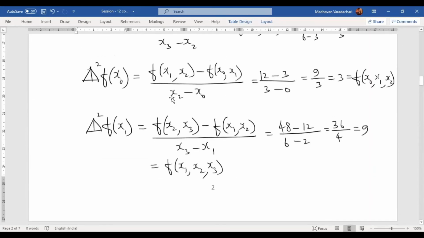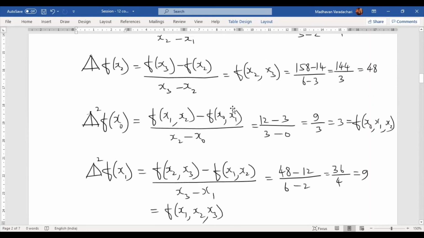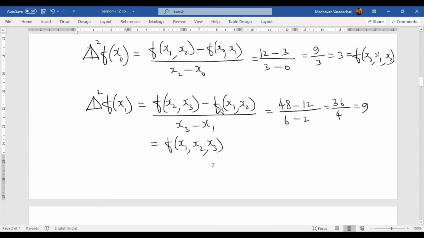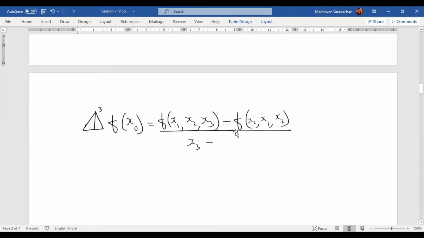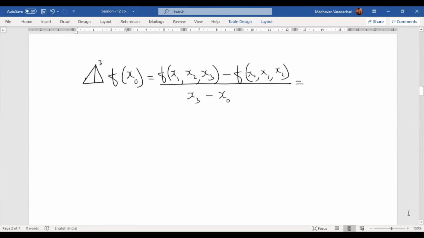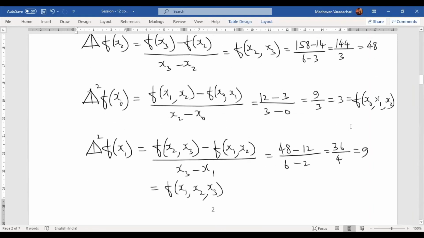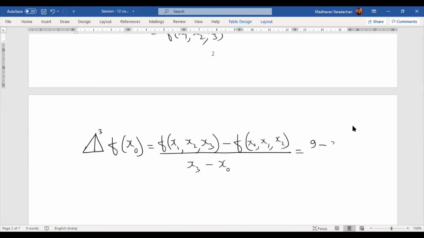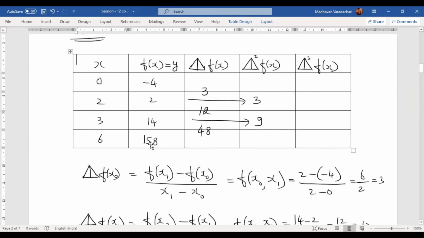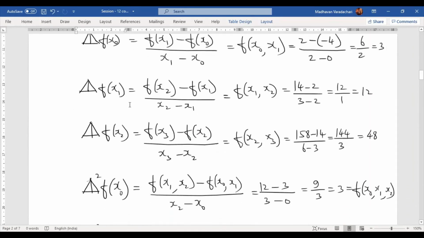Let me write it properly. Minus x0. So this is nothing but 9 minus the previous value, 3. 9 minus 3 divided by what is x3? x3 is 6 and x0 is 0.